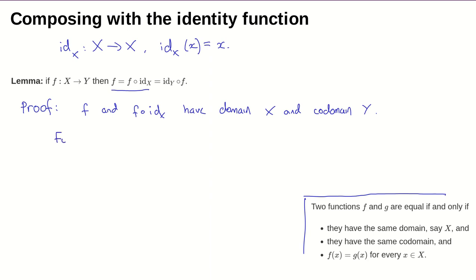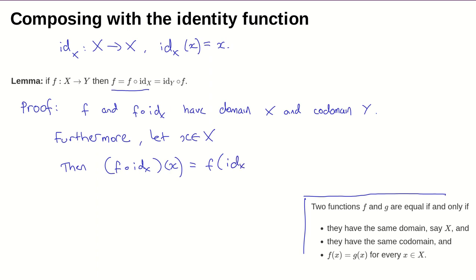So let's say, furthermore, let's take little x to be an element of their common domain x. And then if I look at f composed with the identity, and I evaluate that at x, then what I get, by definition of composition, is f of the identity of x.